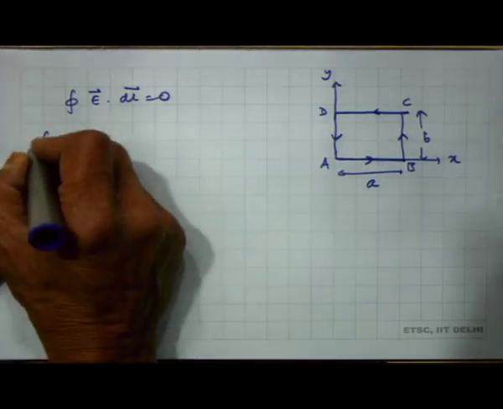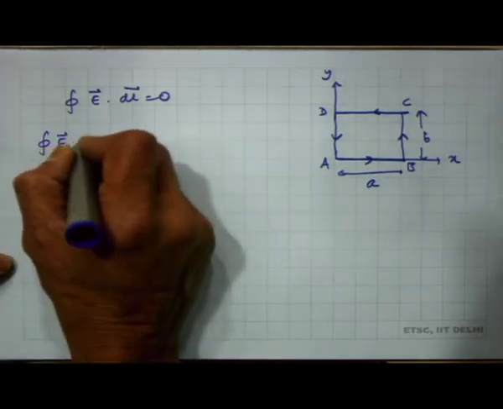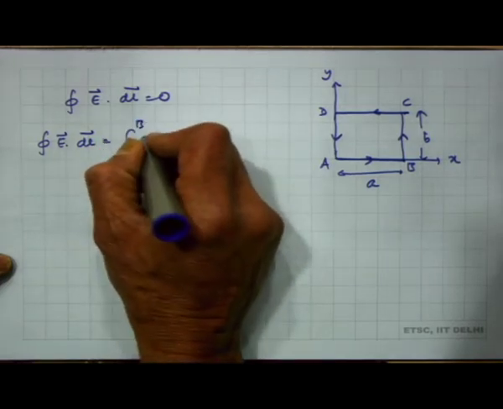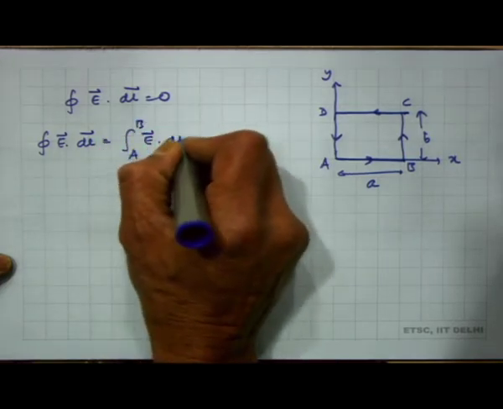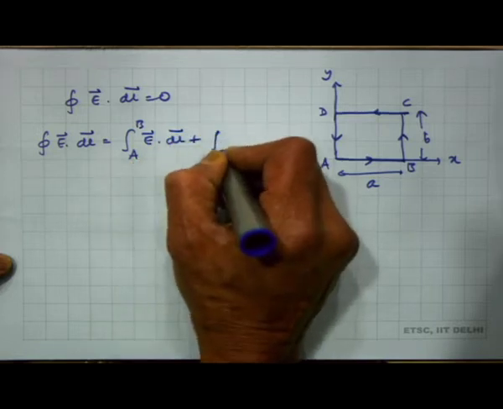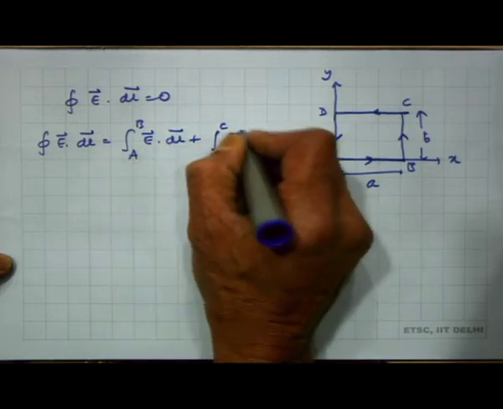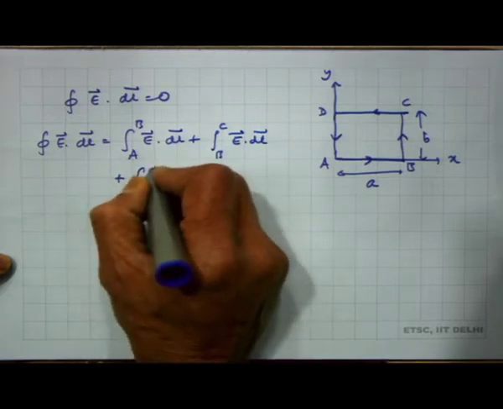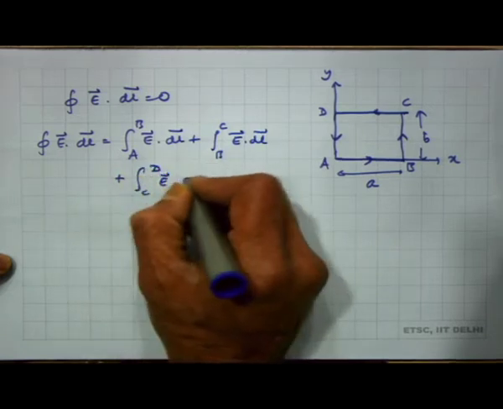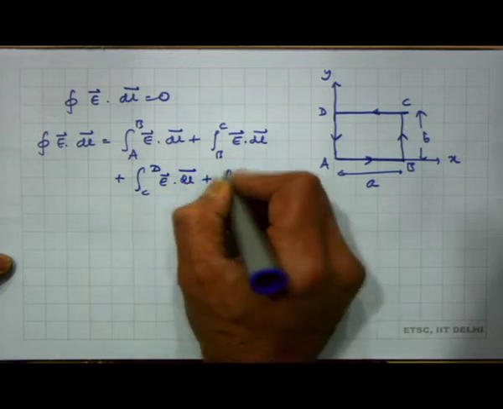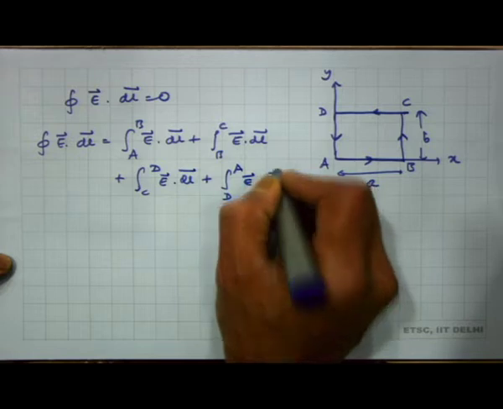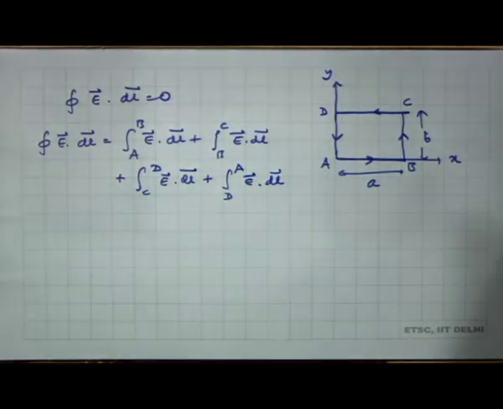So, integral E dot dl is actually equal to integral A to B E dot dl plus B to C E dot dl plus C to D E dot dl plus integral D to A E dot dl. It is a complete closed path integration.